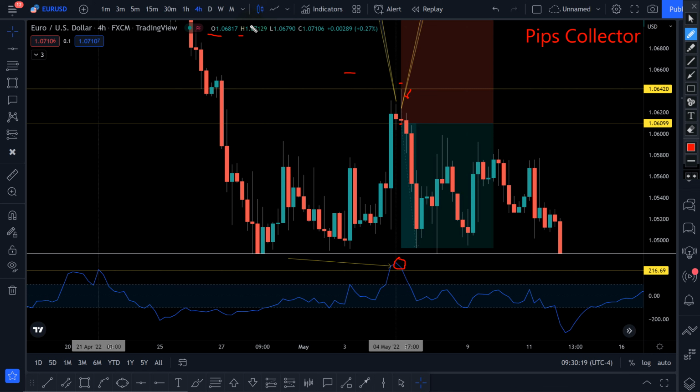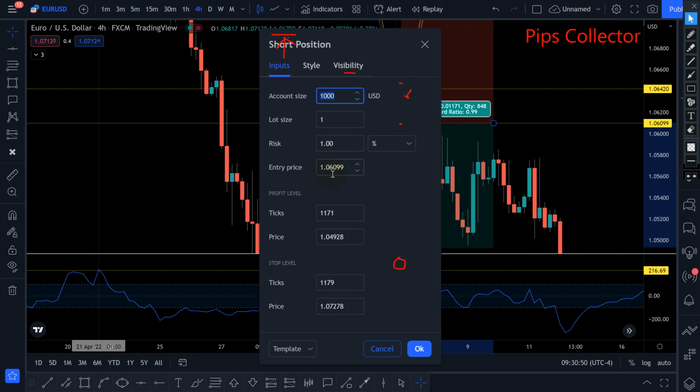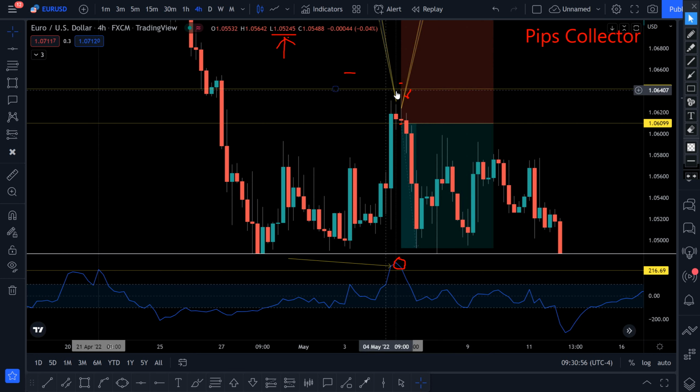Let me show you what this low is. As you can see, look here at the value as it's changing. It's 1.06096. So the entry is 1.06096. Then now we move to this next point.